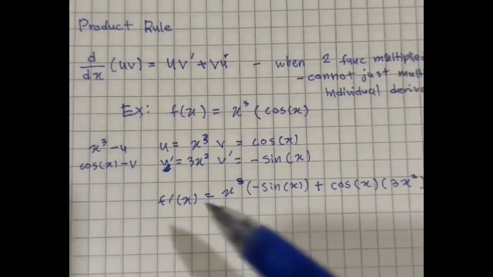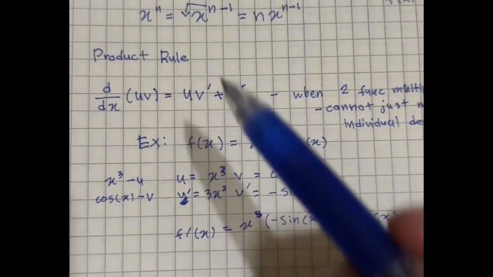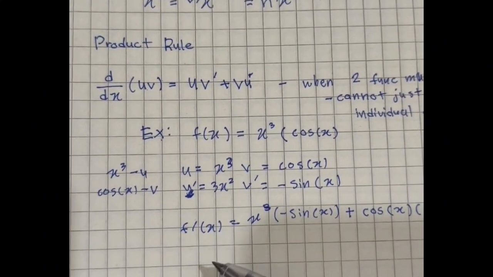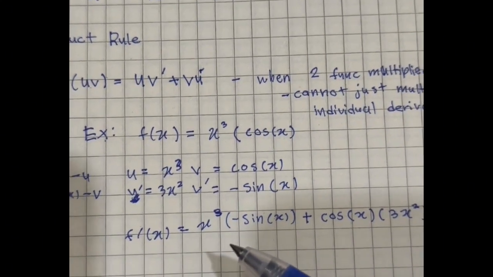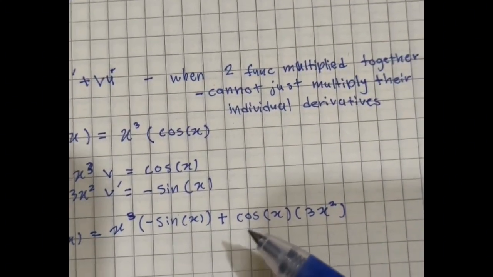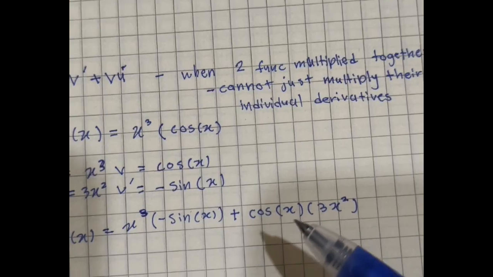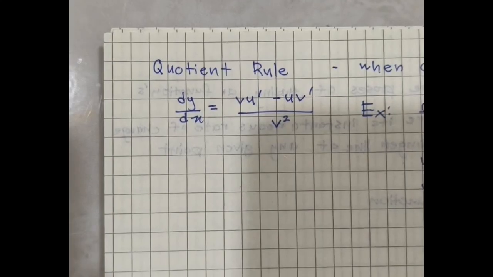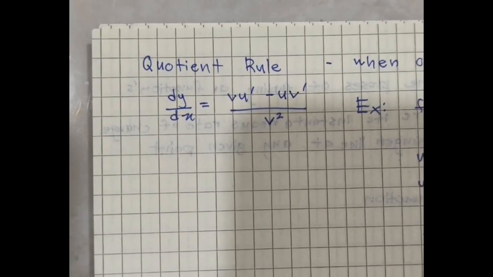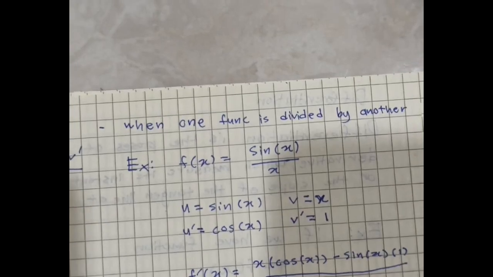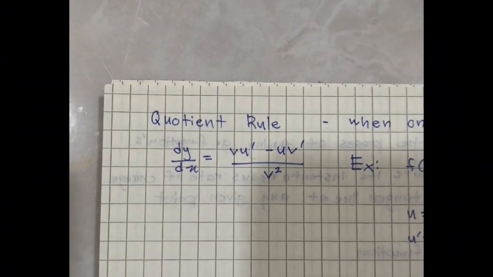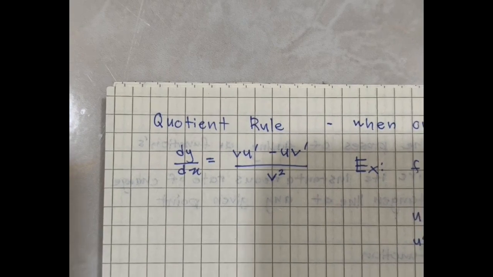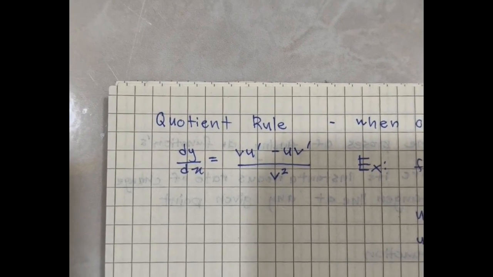After we get all of this, we put it in the formula, and we get f prime x equals x to the power of 3 times negative sine x plus cos x times 3x to the power of 2. For the third one, it is the quotient rule. We use the quotient rule when one function is divided by another. The formula is (vu' minus uv') over v to the power of 2.